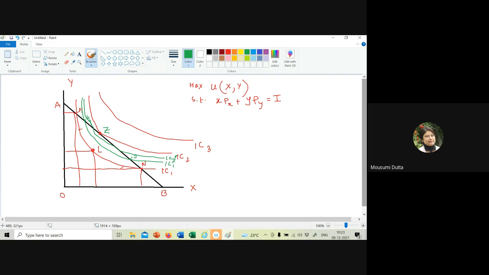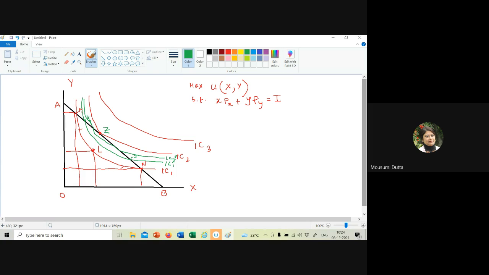So given the fact that IC2 is touching the budget line AB, we do not have any further scope to move beyond IC2. Any indifference curve beyond IC2 will not be affordable to the consumer. So IC2 is the highest level of indifference curve, or highest level of utility, which the consumer can attain.